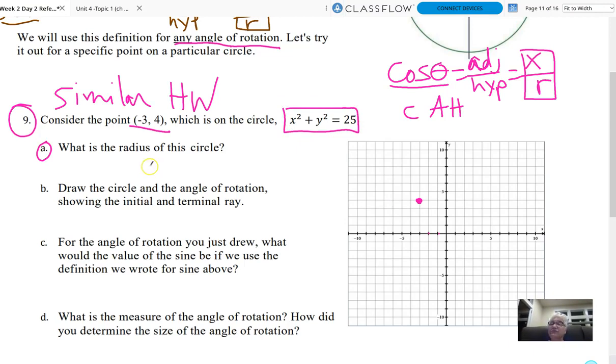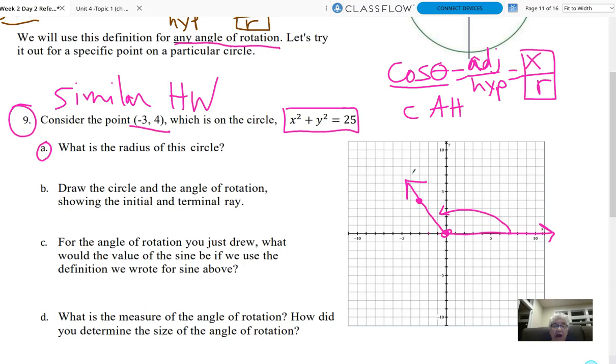Now, what is the radius of this circle? There are 2 different ways you can do this. You can say Pythagorean says, well, first of all, let me draw things because I need my initial ray. I need it rotating until I'm still from the center, but now I'm going through this point.